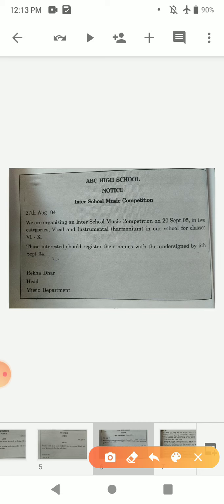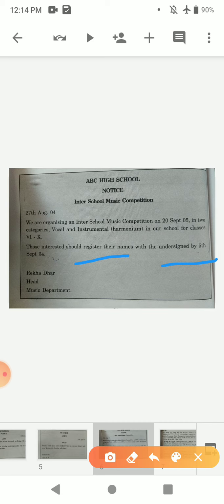So he has answered who the notice is addressed to, what the notice is about, and where this event is going to take place. Then, those interested should register their names with the undersigned. So what to do, the instruction is given: the interested should register their name with the undersigned, means whom to contact or get in touch with.